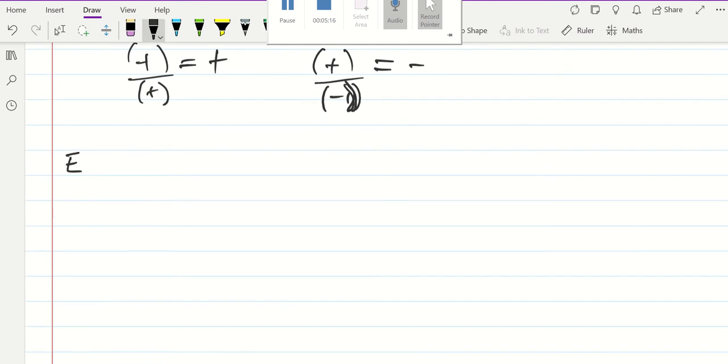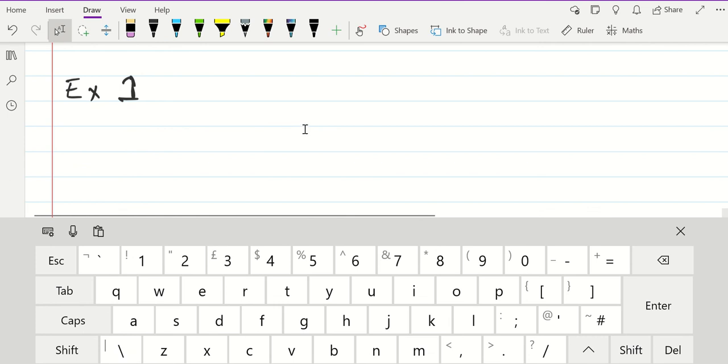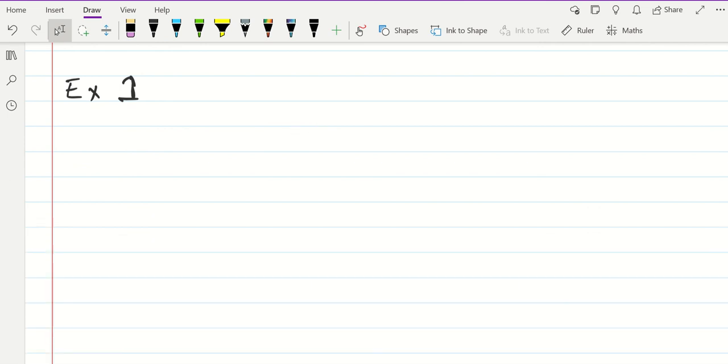So we're going to have example number 1. It's the first one, so it has to be the easiest. So sorry for that. Let me write down our example number 1. It is very simple. It's going to be positive 7 being added to another positive 6.